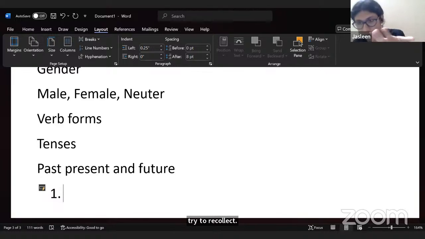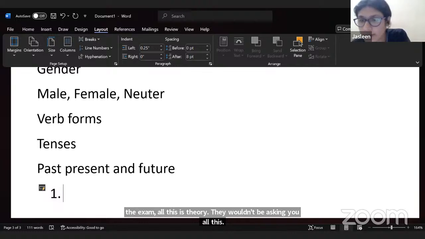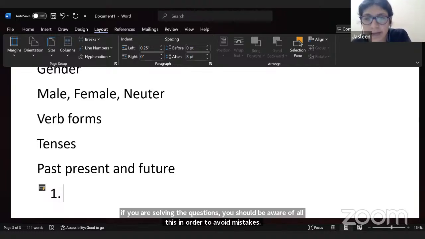All these things are the basic concepts. So that's the reason I think this revision session was important, because then you will be able to recollect it. In the exam, all this is theory. They won't be asking you all this. But if you are solving the questions, you should be aware of all this in order to avoid mistakes. You cannot randomly choose the right answer.